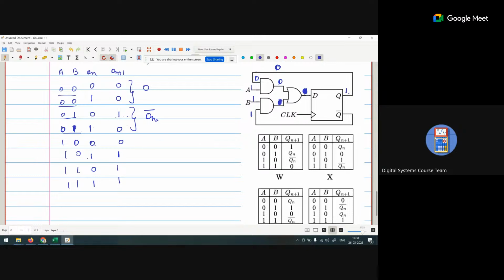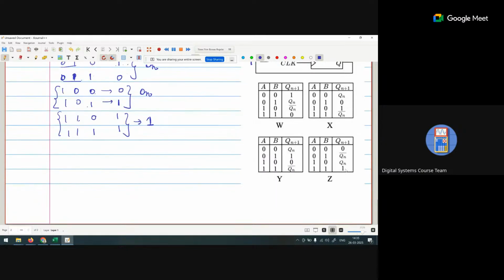If it is 1, we are getting a 0. Now for these two, we are getting the same, so it is Q. And for these two, it doesn't matter what Qn is, we always get it. So which is the table? The table chat.